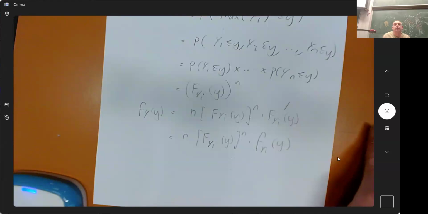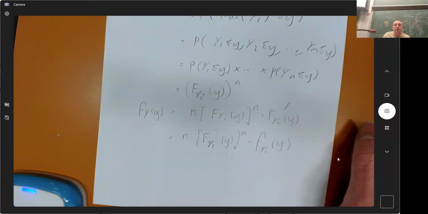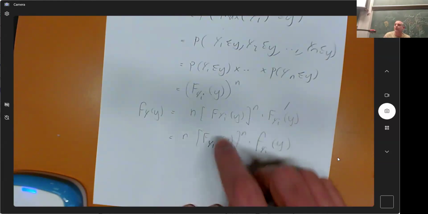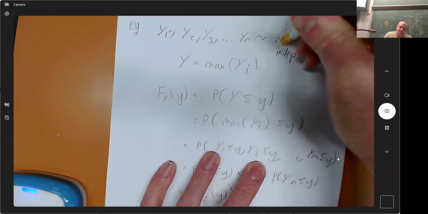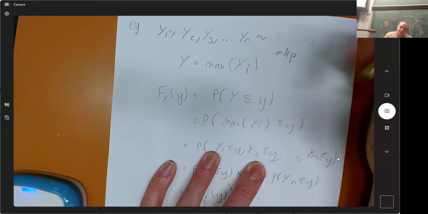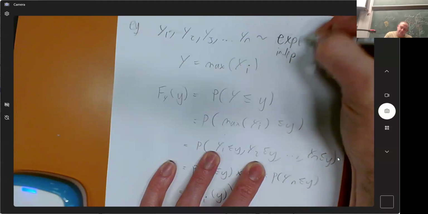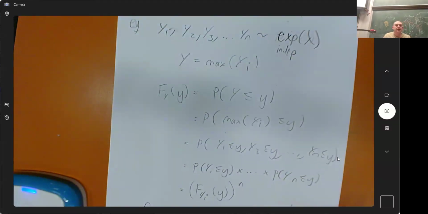I shouldn't have done normal distributions because there is no formula for its CDF. So I should have done something else. Made them exponential distributions or something. Something like that.